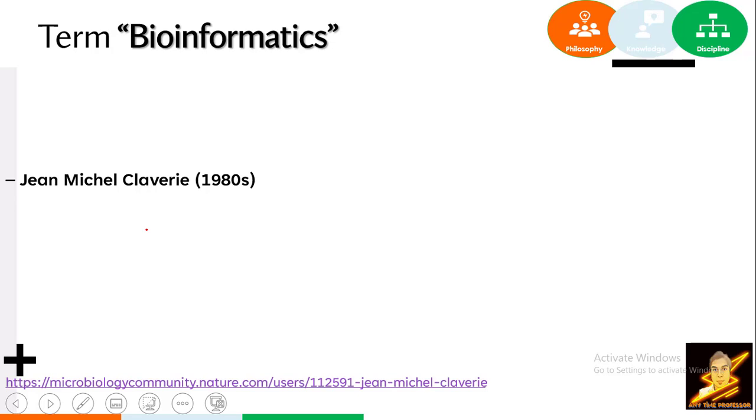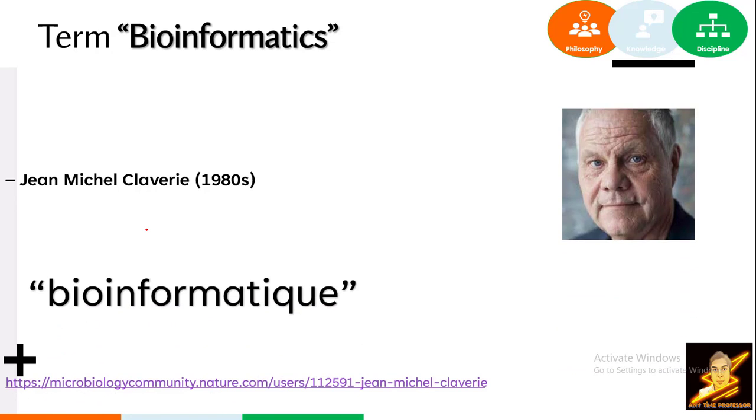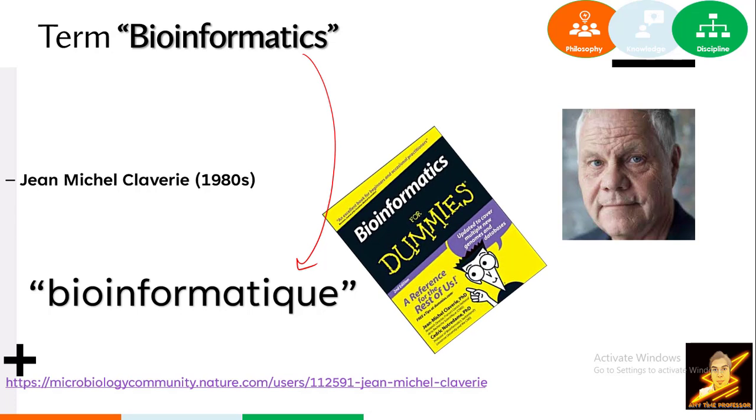After that, another person, Jean-Michel Claverie, in 1980 proposed the term bioinformatics in his book, Bioinformatics for Dummies. You can check the link where he has said this kind of thing about bioinformatics.